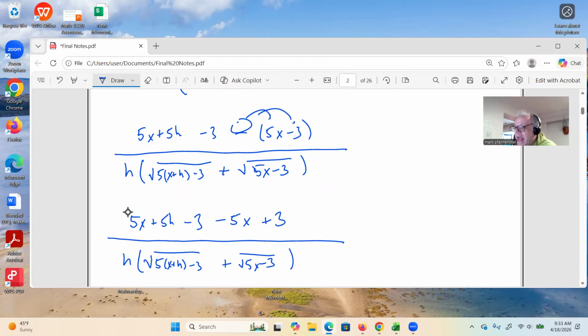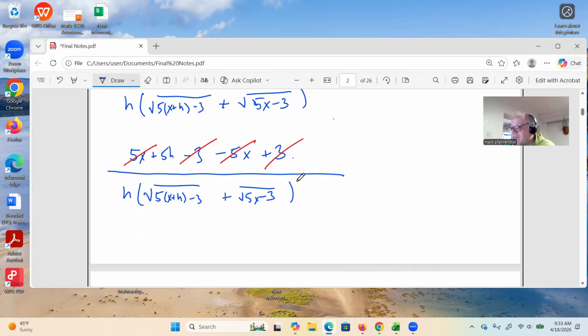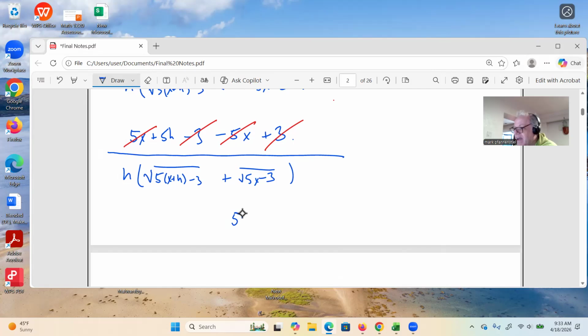Hey, there's some stuff that's going to cancel up here too. Again, that's the point. We have a 5x, we have a negative 5x. We have a negative 3, we have a positive 3. And we are left with a 5h on the top and some stuff on the bottom. Let's put it on the next page.